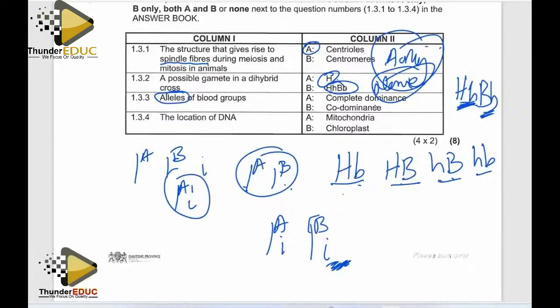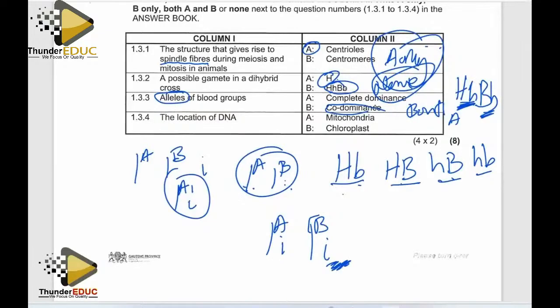But in this case, I'll say that it is both A and B. Because if it is A and B, definitely that is codominant. But don't forget that these are genotypes, but they are talking about alleles.